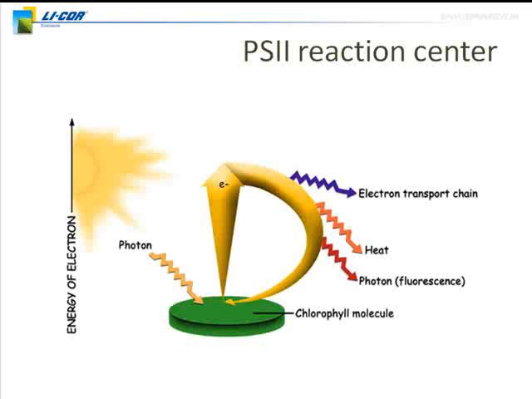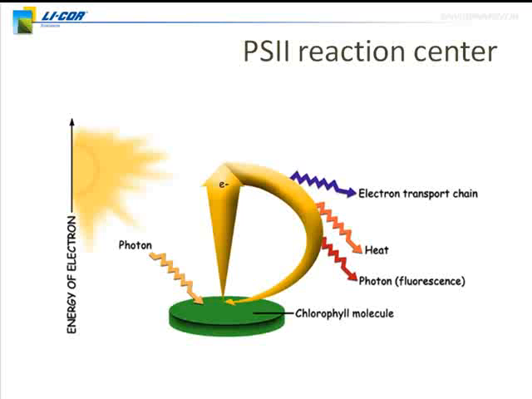Typically, about 95% of the chlorophyll fluorescence that we see at room temperature is emitted by PS2. There is some fluorescence emitted by PS1, but most of the fluorescence that we see is emitted by PS2.